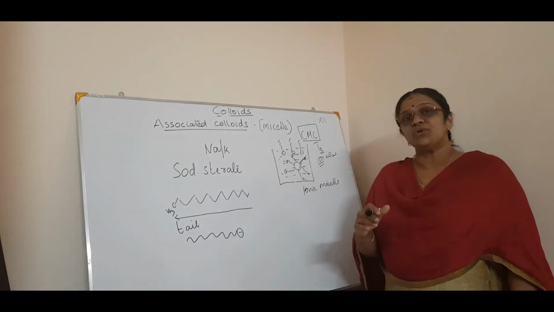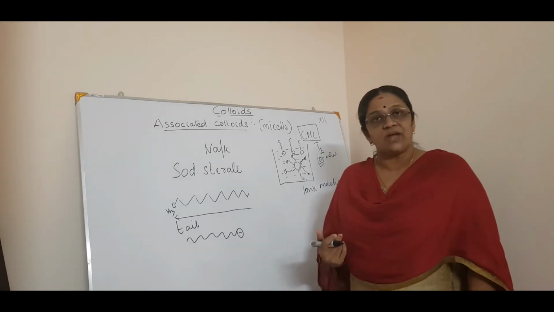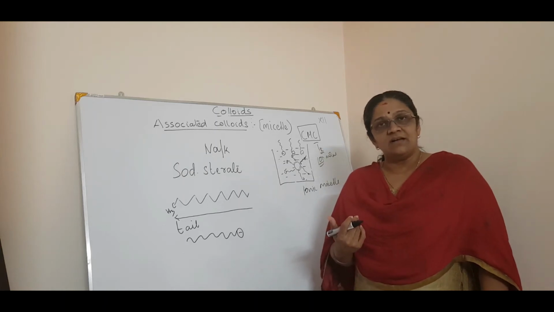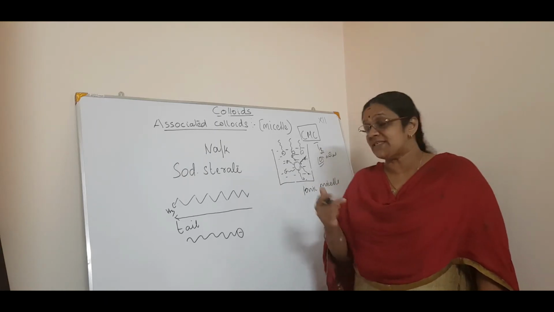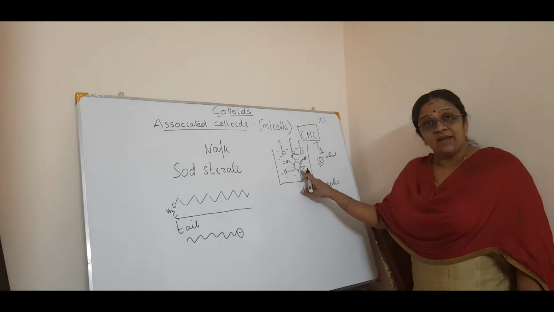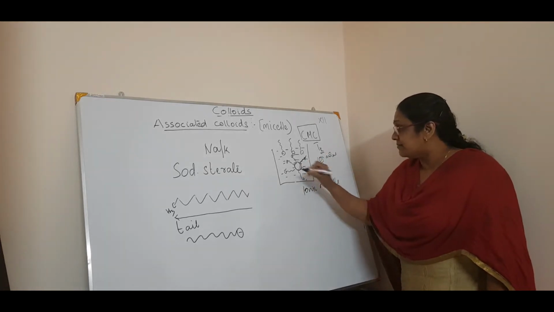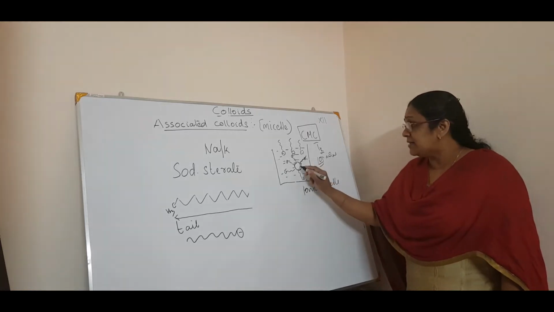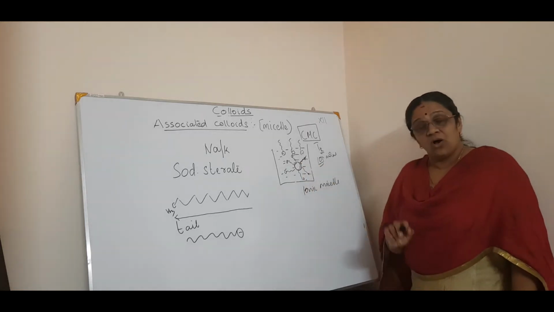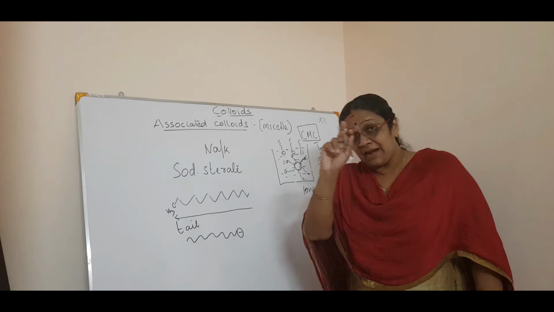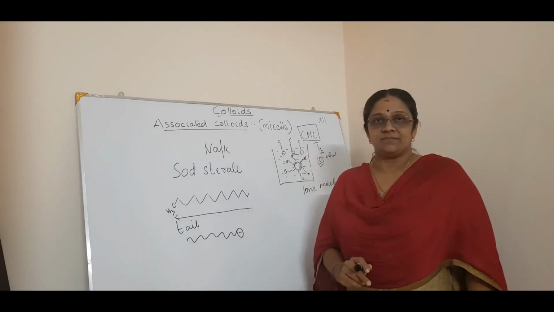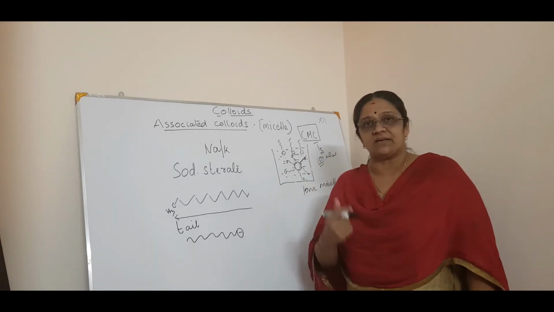Now going to the cleansing action of soap, which you have studied earlier. How does the cleansing action of soap take place? You know a micelle is formed, right? Now where is this micelle formed? Around the dirt particle, or the dust particle or the grease particle.